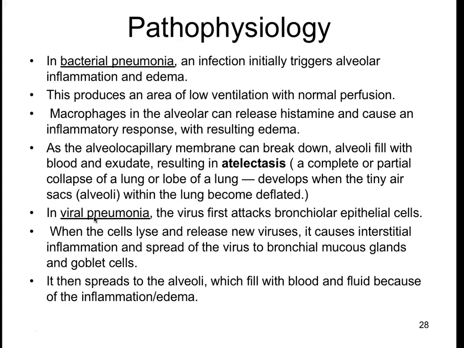And what occurs is that histamine is released by the epithelial cells, which causes the edema in those bronchioles. And that can then spill into the alveolar sac, but the edema in viral is in the bronchi and the bronchioles, versus bacterial, where the edema and the infection are going to be in the alveolar sac.